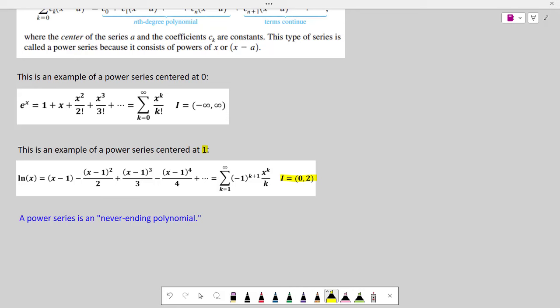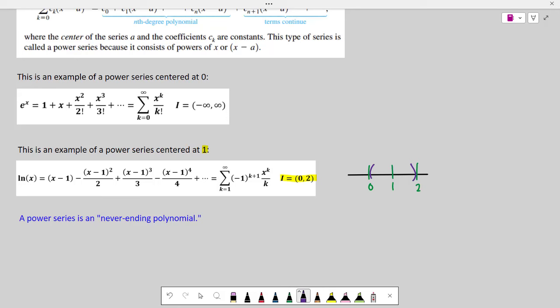Now, one of the things that's really interesting here, let's just think about this line. Let's call that 0. Call this 2. The center of this series is 1, right? And the interval of convergence is symmetric around the center. And we are going to have this situation persist.